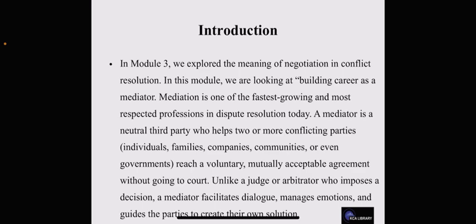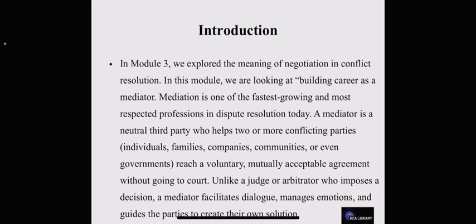It is important to know that mediation is one of the fastest growing and most respected professions in dispute resolution today, in this century. A mediator is a neutral third party who helps two or more conflicting parties, be it individuals, families, companies, communities, or even governments, to reach a voluntary, mutually acceptable agreement without going to court.